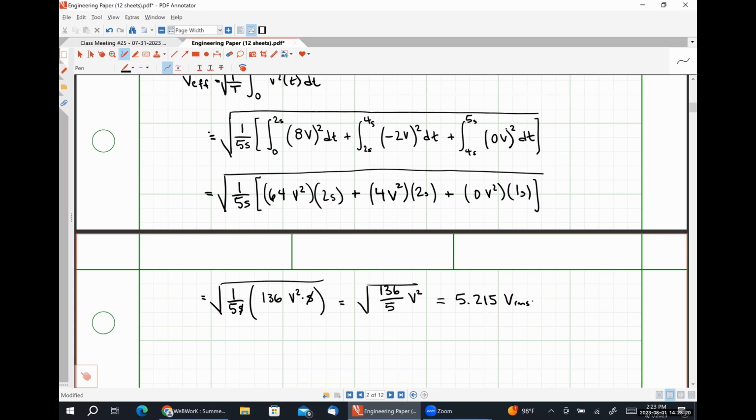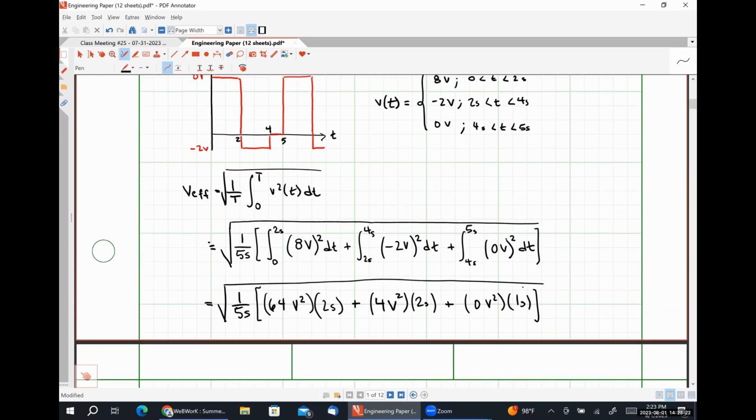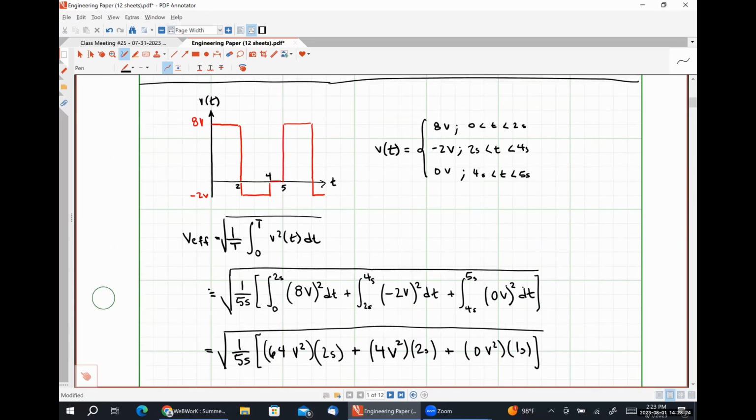So if we look at our waveform here, does it make sense that the effective value is 5.215 volts? That's kind of a hard question to answer, right?